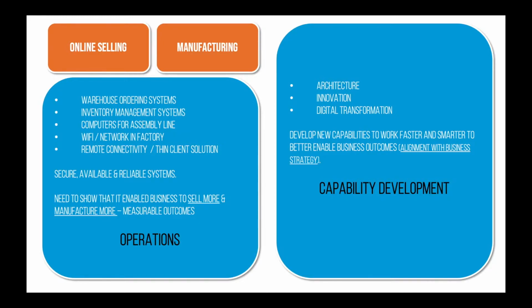Again, the idea is that the capabilities that IT has to develop are there to enable the business to manufacture, because it's a manufacturing business in our example, quicker and smarter and cheaper. So the IT capability development, in turn, has to allow the business to do their work cheaper and faster and quicker. Again, alignment of business strategy from a capability development perspective.